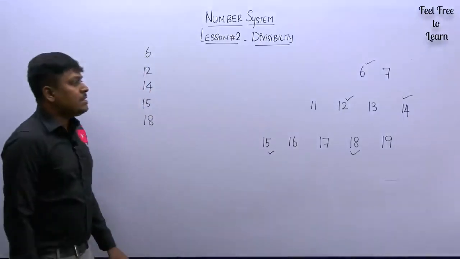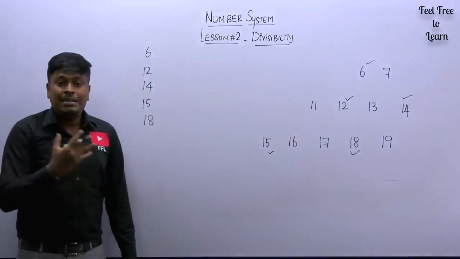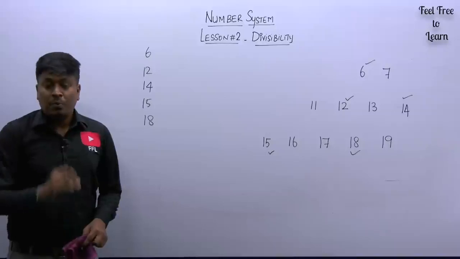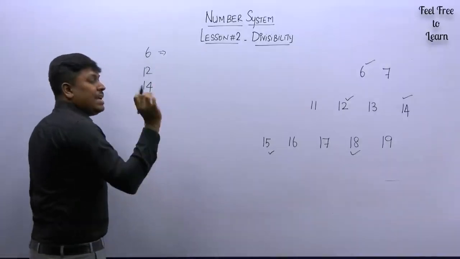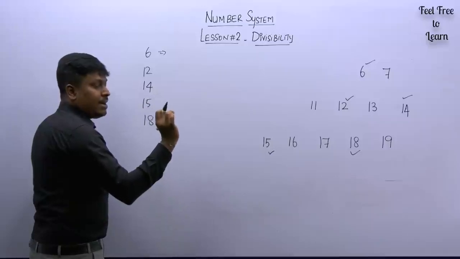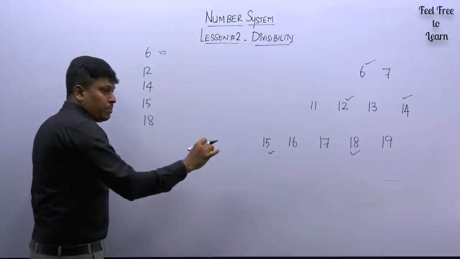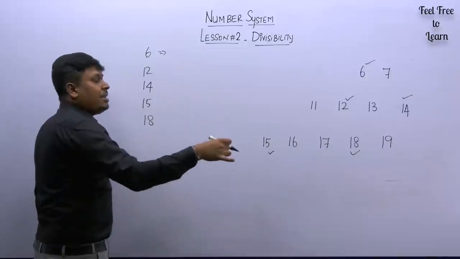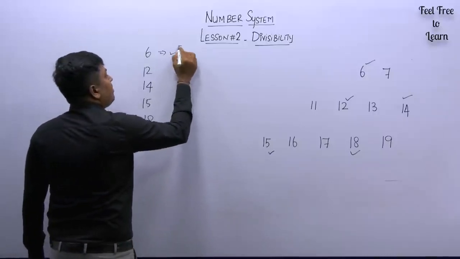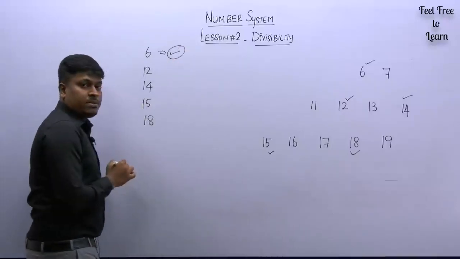For all these numbers, you don't need to learn a divisibility rule separately. Why? Because for 6, if a number is divisible by 2 as well as by 3, then we can say that the number will be divisible by 6 also. So friends, got it or not?